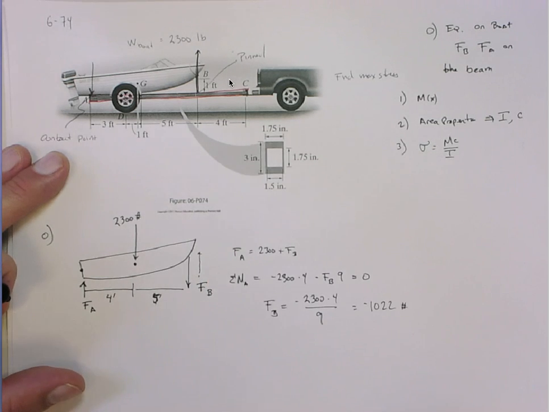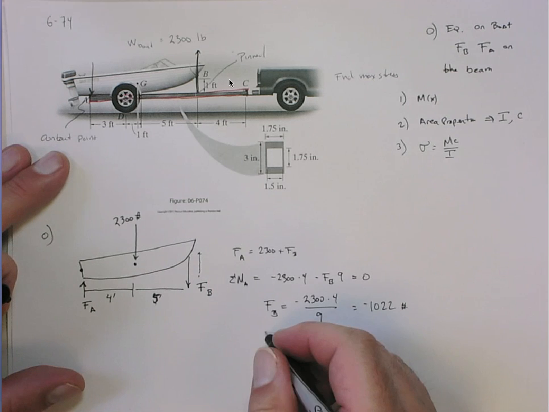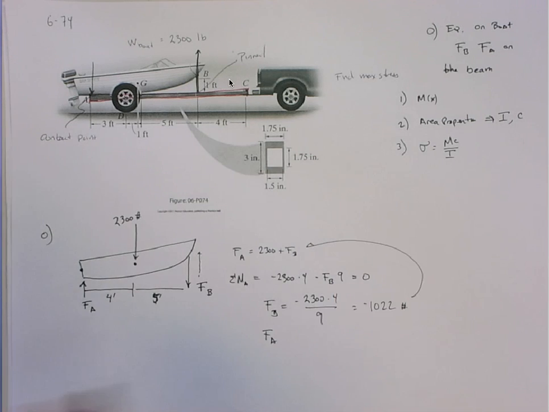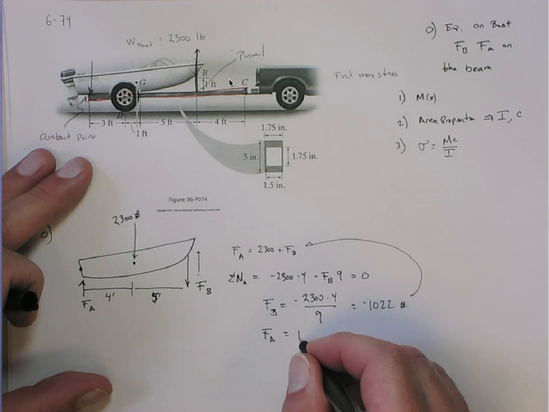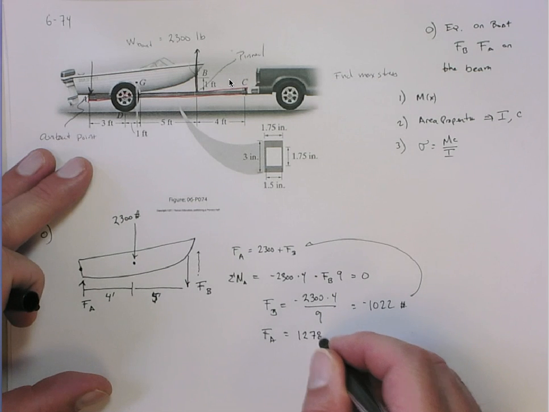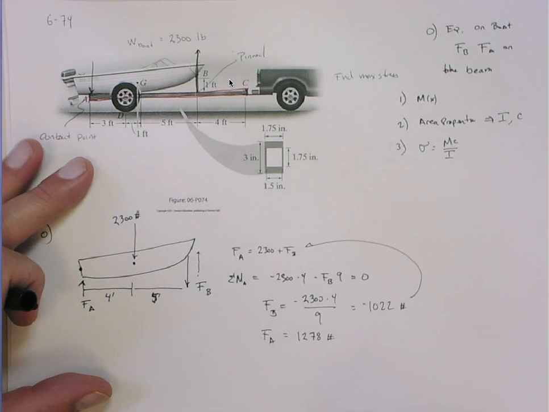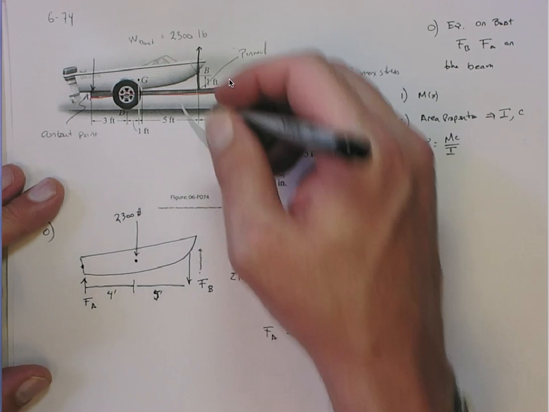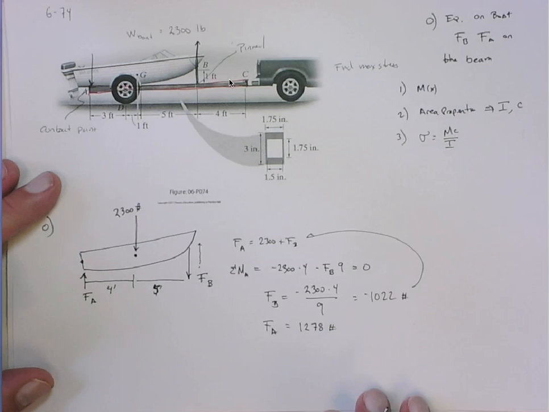Okay. All right, and then that tells me that the FA, putting this into here, gives me 1278 pounds. Positive, so it's acting up. So actually, the free body diagram on the beam now looks as follows.